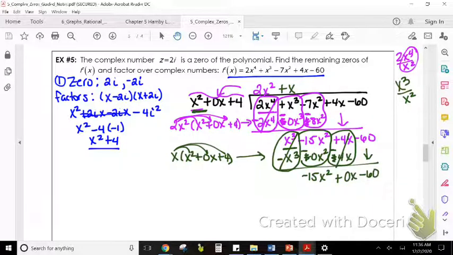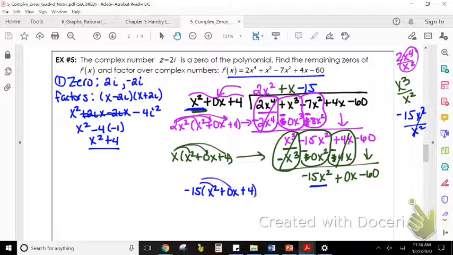So we have negative 15x squared divided by that x squared on the outside. So negative 15x squared divided by x squared, we get minus 15. We're going to take that times everything that's on the outside there, so negative 15 times the x squared plus 0x plus 4. Distribute.